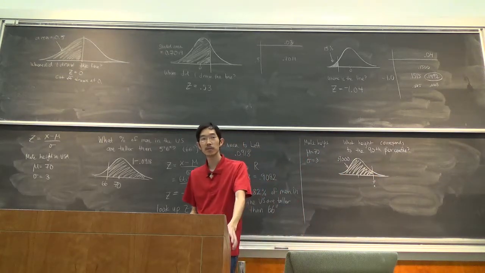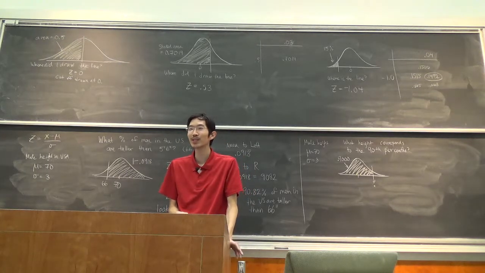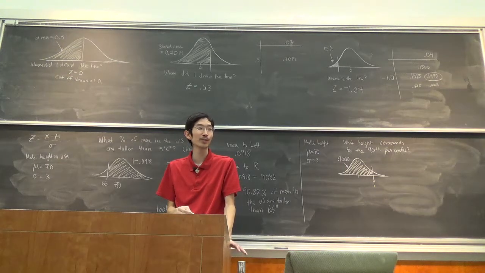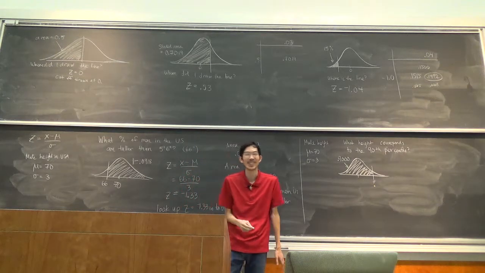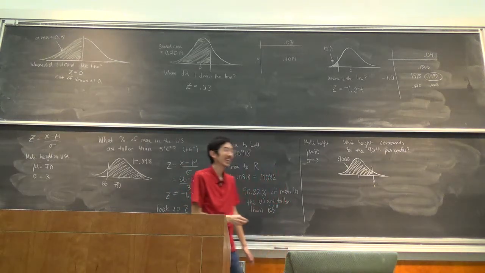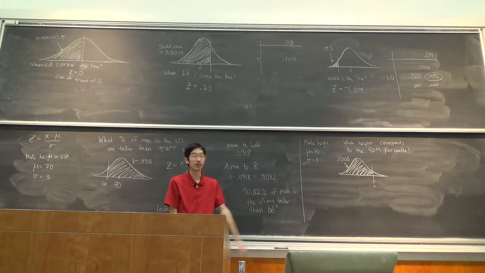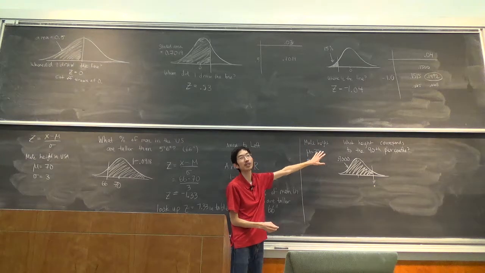Do you want me to just do the problem for you, or do you want to try to figure it out? Who wants to do it? Can we have a couple more numbers? You have all the numbers you need. If you see a problem like this, you've got all the numbers you need to answer it.